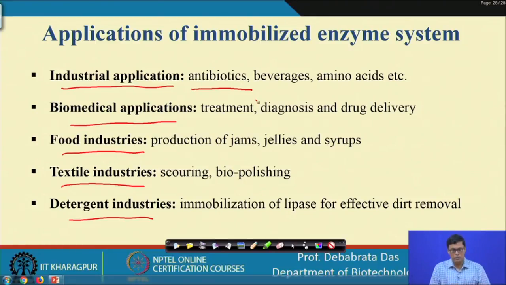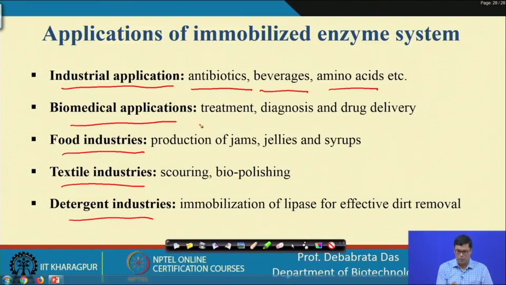Just now I pointed out 6-aminopenicillanic acid produced from penicillin G. Then in the beverage industry, chill-proof beer can be produced when we pass the beer through the immobilized protease enzyme, so that whatever big protein molecules are there will be degraded into small molecules, then amino acids.